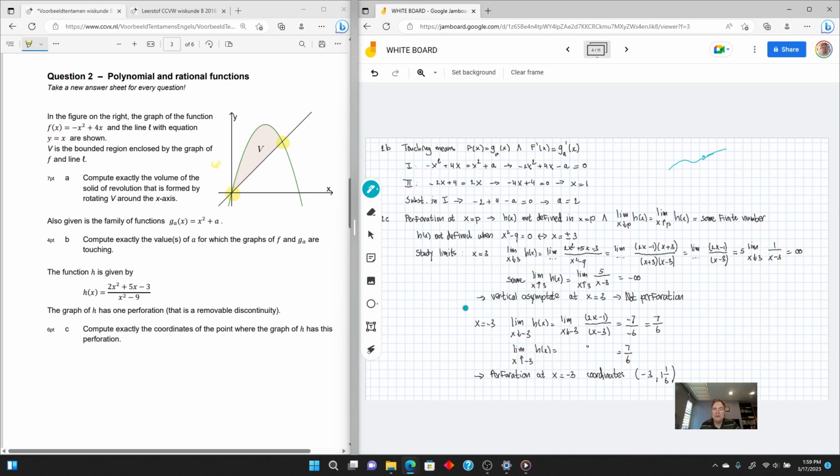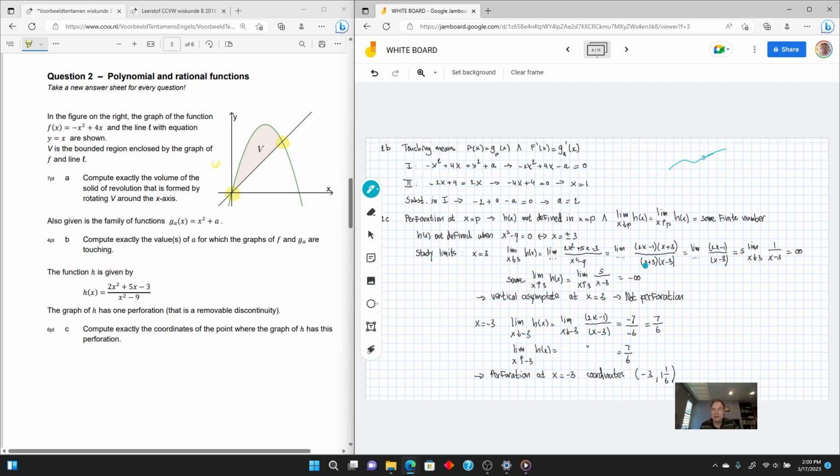Okay, then we look at what happens when x approaches -3. And then the same, you factorize it, and we can then safely drop x plus 3 and x plus 3 here, because when x goes to -3, x is not equal to -3, you're actually approaching it.